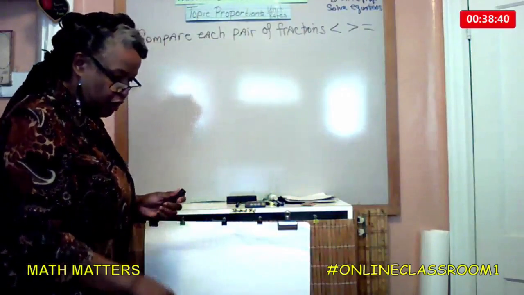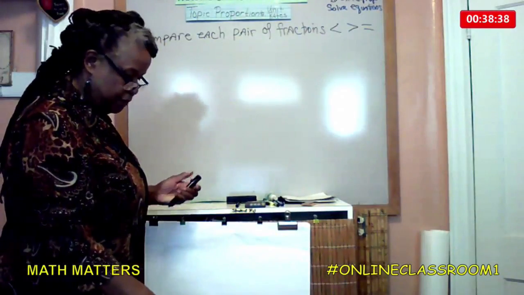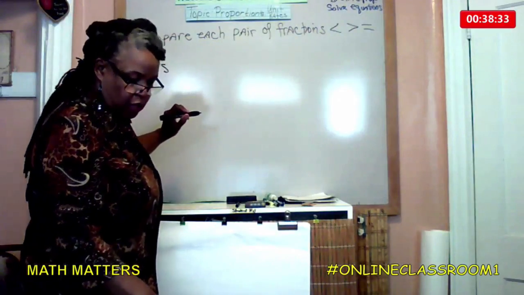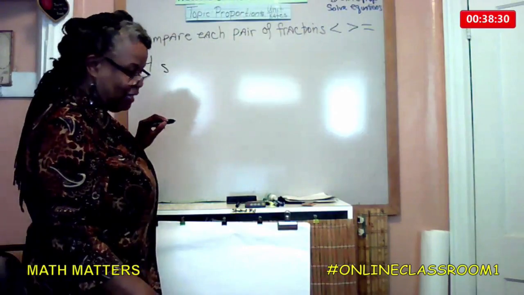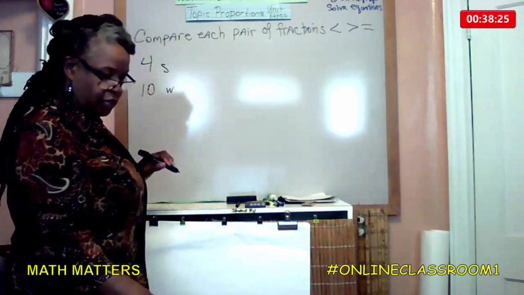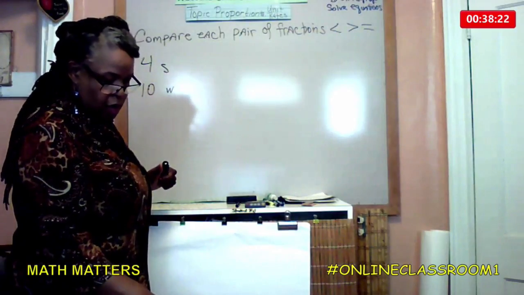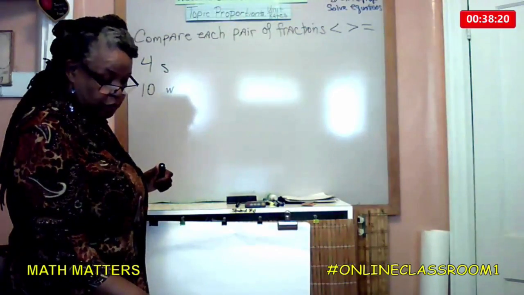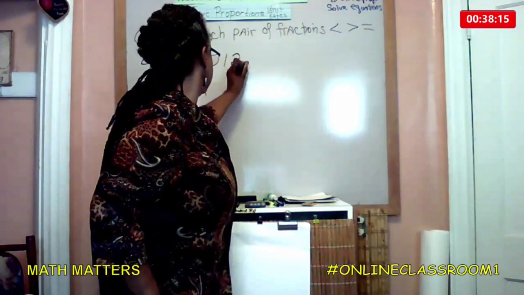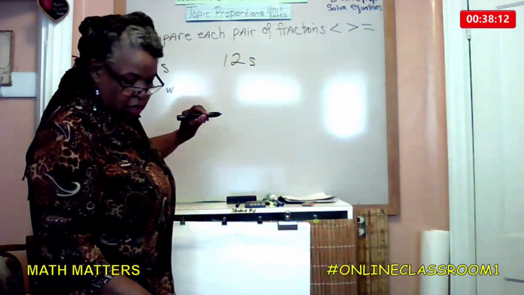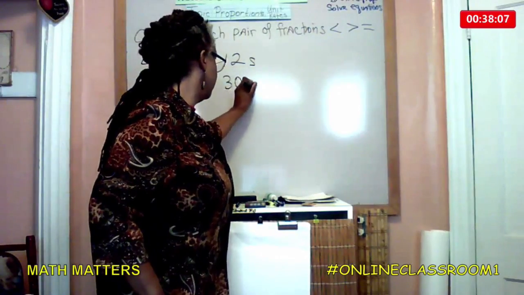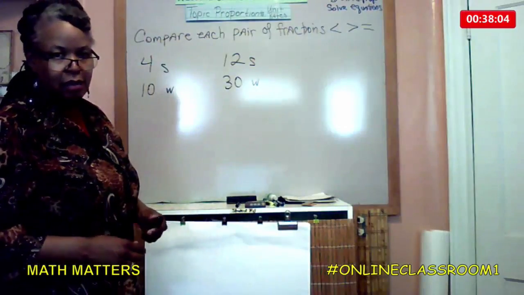So if we have 4 scoops of lemon mix and 10 cups of water, will 12 scoops of mix and 30 cups of water give us the same taste?